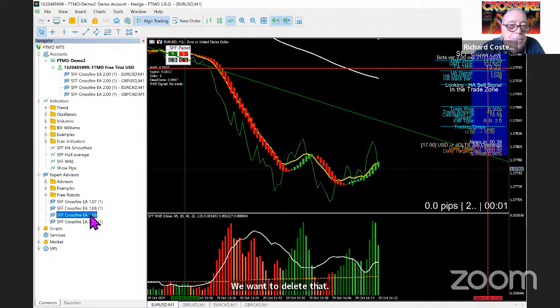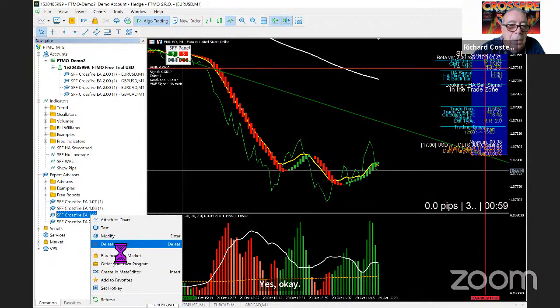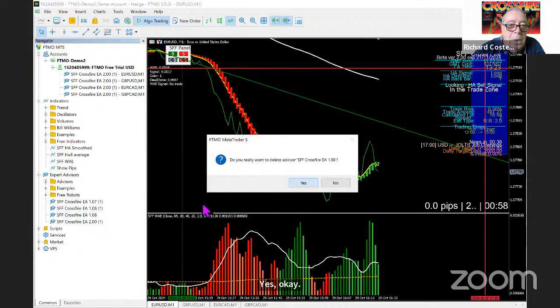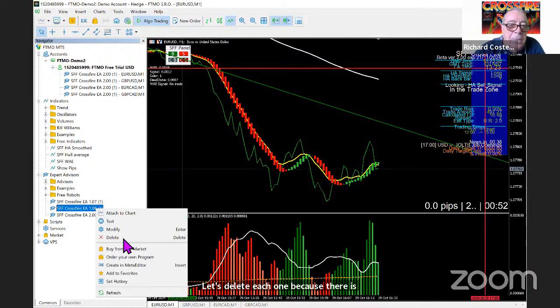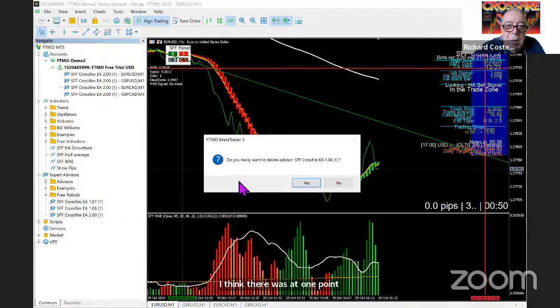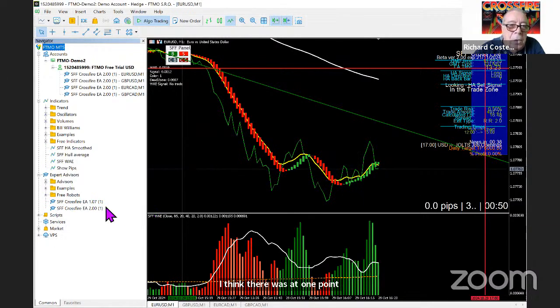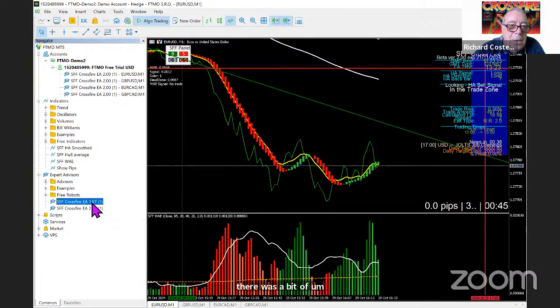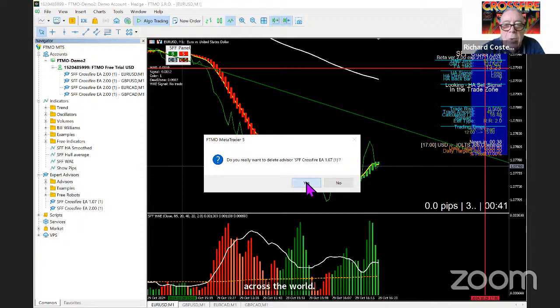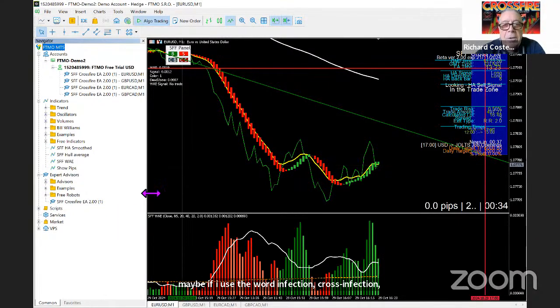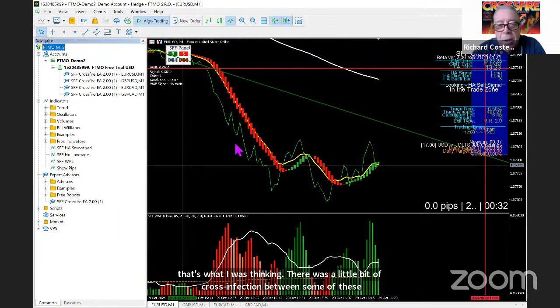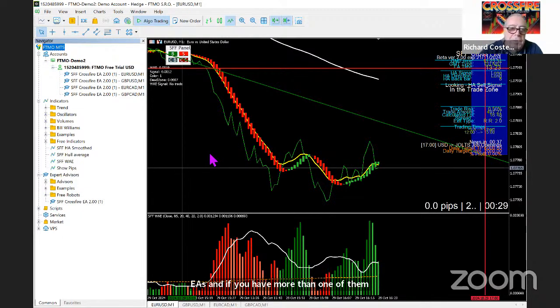If I just delete each one, because I think there was at one point a bit of crossover, or maybe if I use the word infection, cross infection, that's what I was thinking. There was a little bit of cross infection between some of these EAs, and if you had more than one of them, you were getting some interference, if you like.